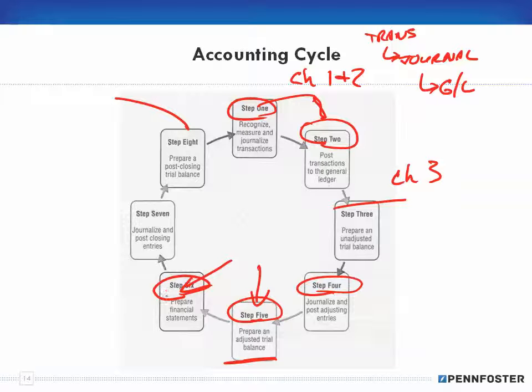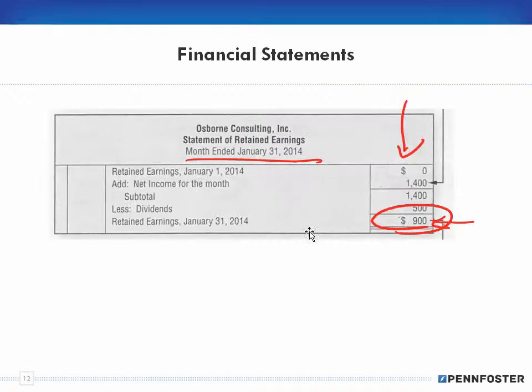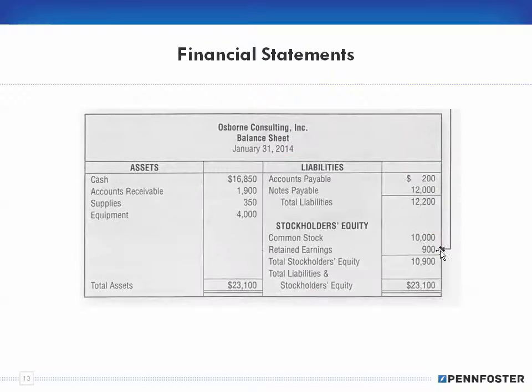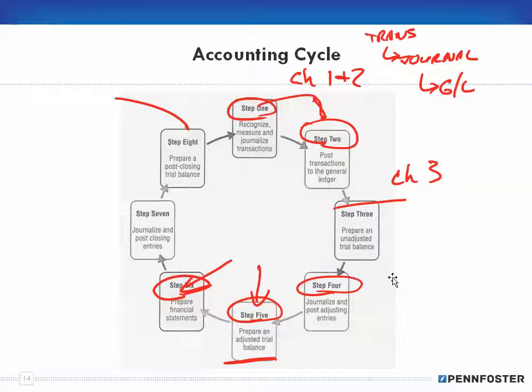But realize that when we're preparing the financial statements, those numbers are not yet final. Remember, from the statement of retained earnings we had $900 as an ending balance. Well, we just moved that $900 into the balance sheet in order to create it, but we haven't done anything to our ledger accounts.